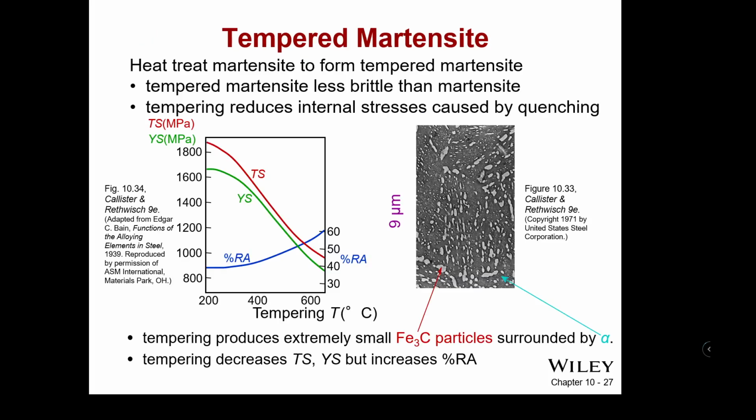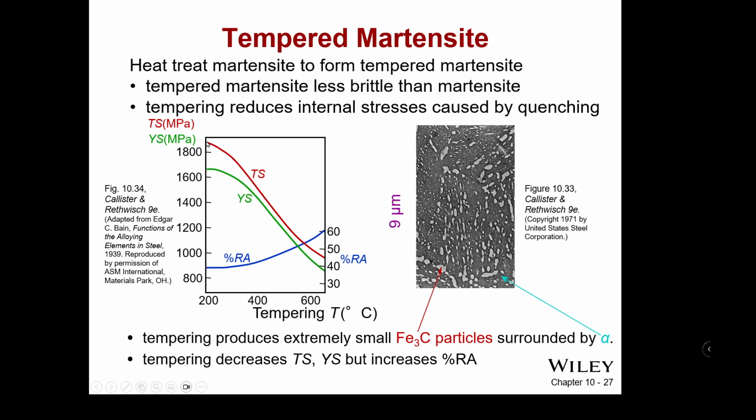by this process. So as the temperature increases, the restoration of ductility is significant. So 40% at a tempering temperature over 600 C, you get most of the ductility back, but also the tensile strength drops precipitously.